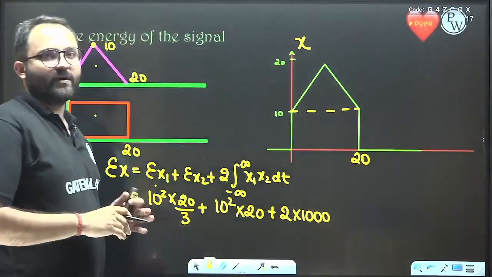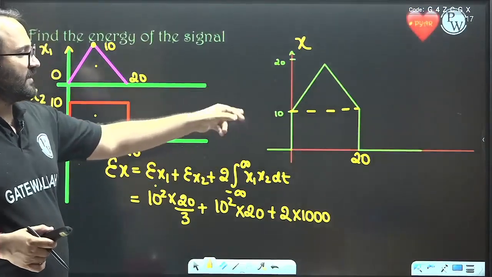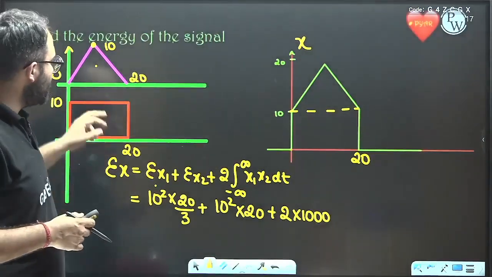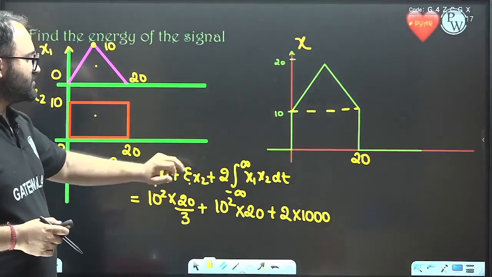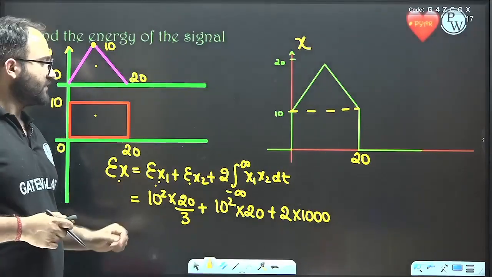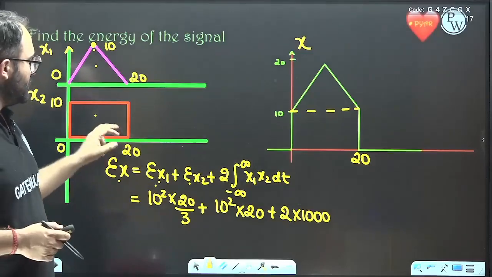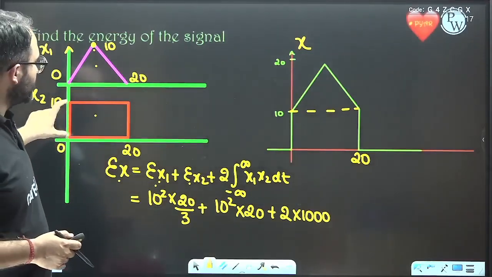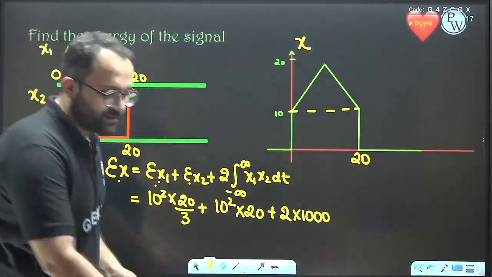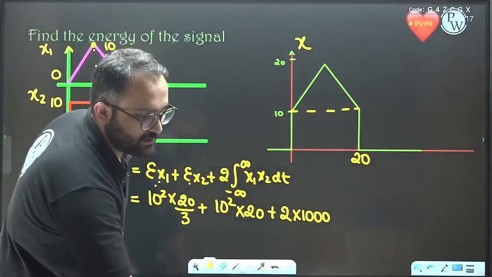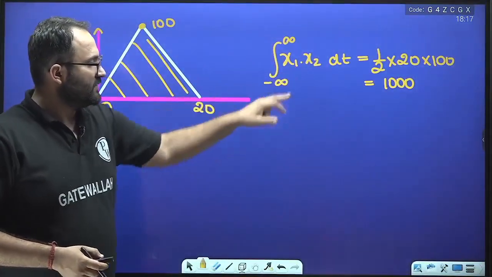So in these types of questions, just break it into two parts to make it easier: rectangle and triangle. We write the energy of x is equal to energy of x1 plus energy of x2 plus 2 times the integration of this. Energy of x1 is height square multiplied by width divided by 3. Energy of x2 is height square multiplied by width, and the third term is 2 times 1000, that is the integration of this multiplied by 2.